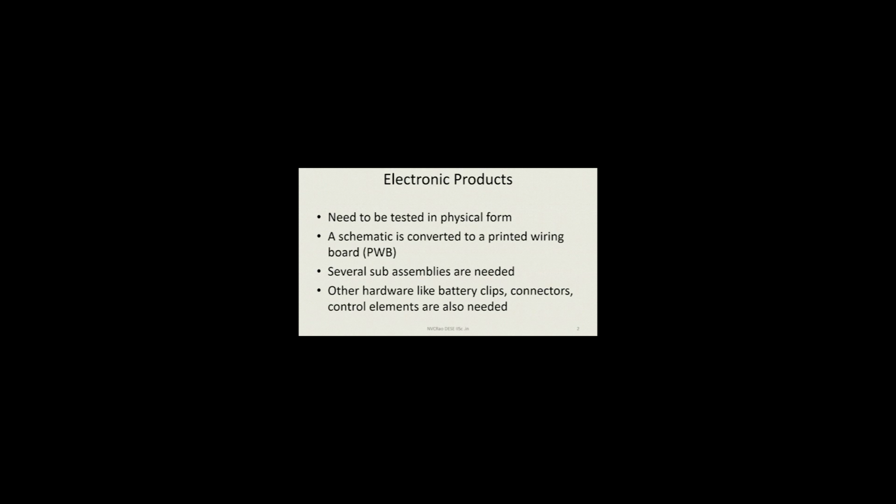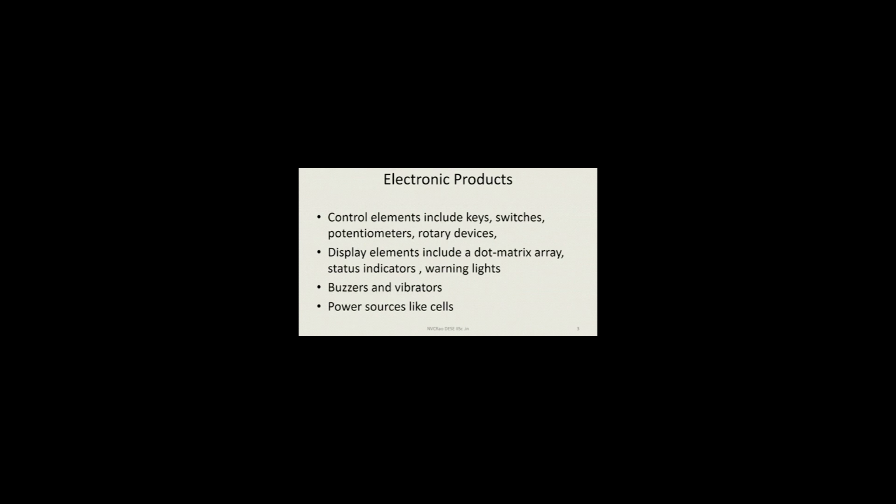Next, you end up with several other elements like connectors and control elements. In the case of control elements, there is both a display as well as an actual device which is controlling it, meaning switches and so on, which include, for example, keys, switches, potentiometers, rotary devices.